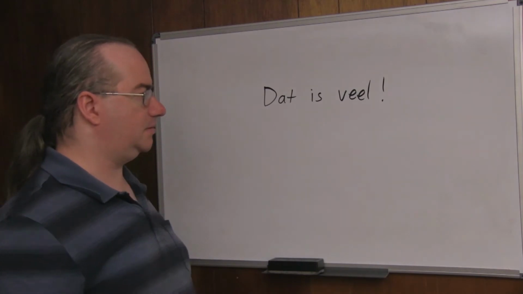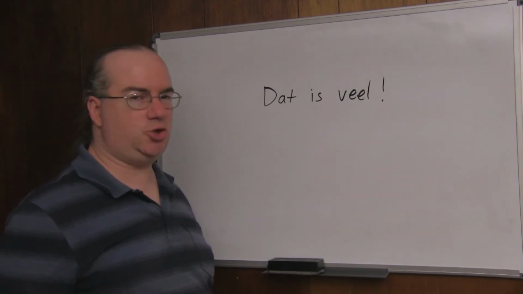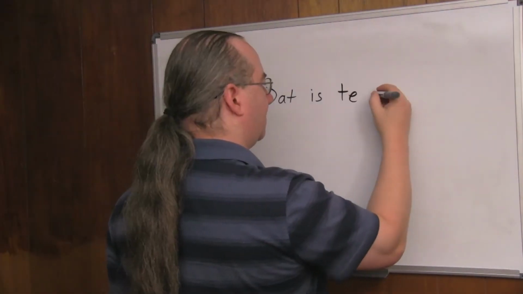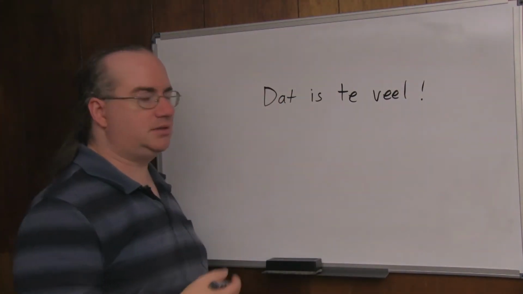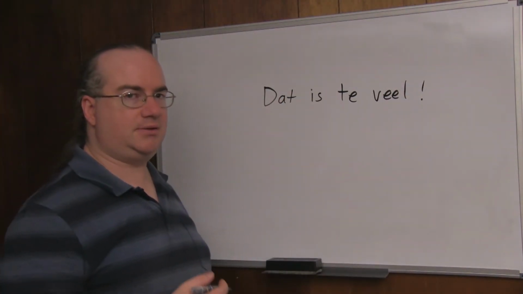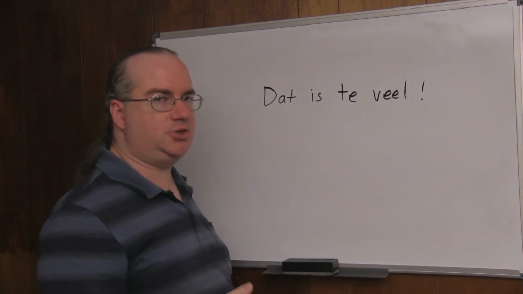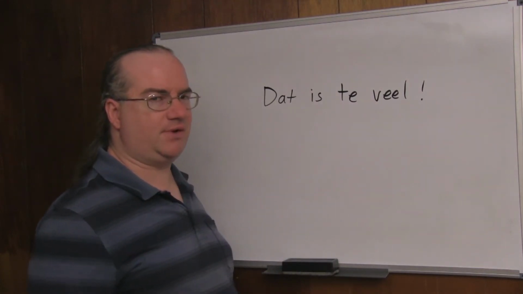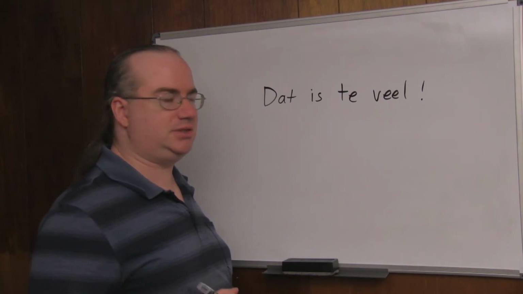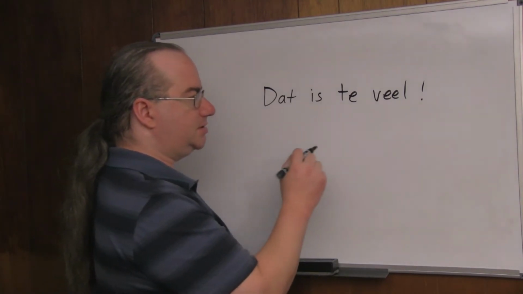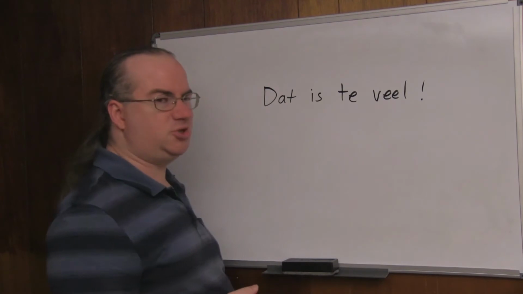Dat is veel. I could also say it's too many. Dat is te veel. Te veel. Now, te can mean too as in too many. It has a few other functions too, but we won't talk about those just yet. Dat is te veel. That is too many.